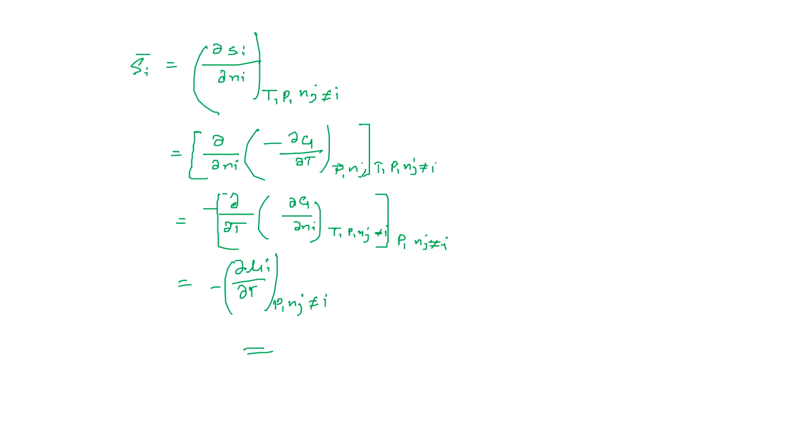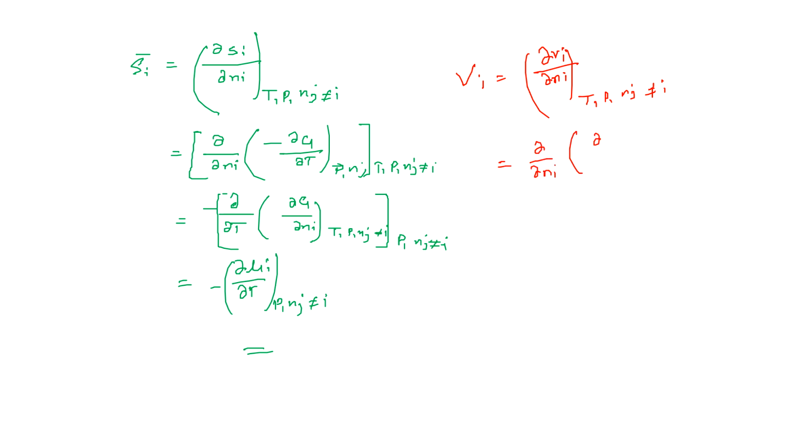Similarly, what do we know that Vi bar equals dV by dNi at constant T, P, Nj not equal to Ni.